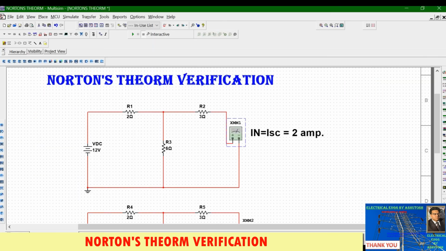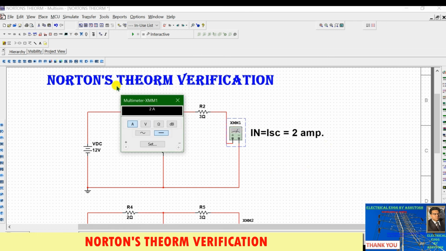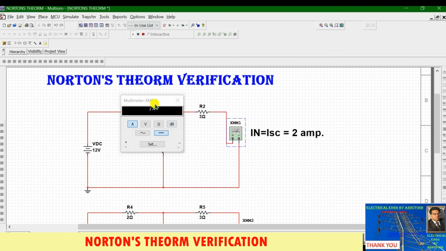Now we will move towards our simulation circuit. We have already drawn the circuit. This is the circuit. First we have to find out the Norton's current. So guys, we have connected a multimeter, and when you click on the run button, it will show the value.